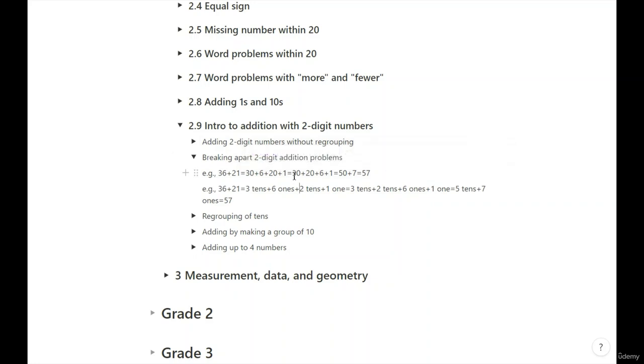So here we can add tens together and then add ones together. So that is 30 plus 20 and then 6 plus 1. Then we get 50 plus 7. Then we get 57 in the same way.